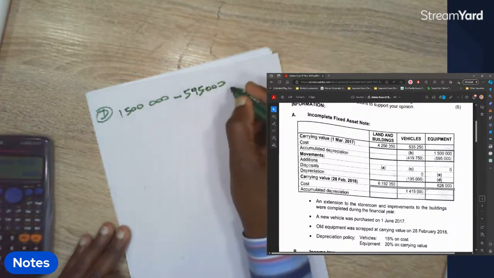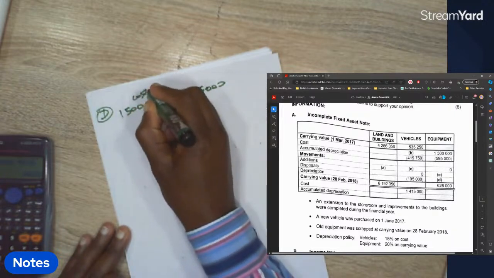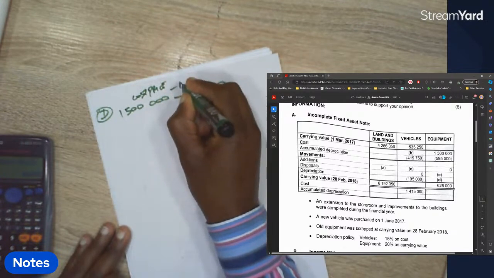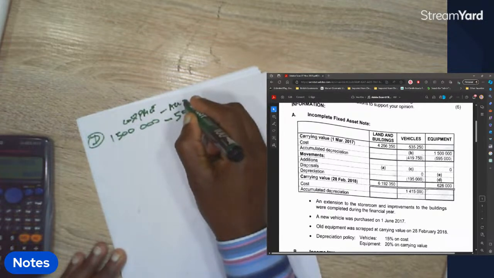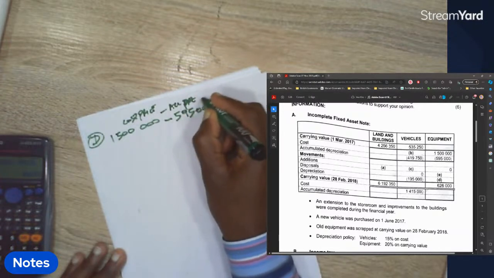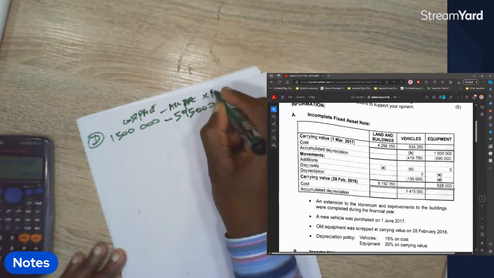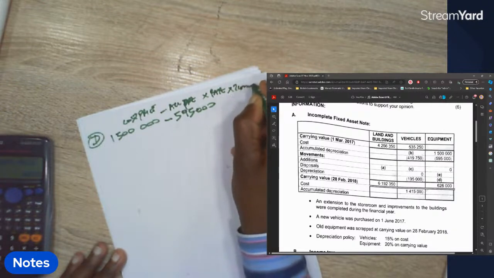Then you get your answer, right? Remember, cost price, right? Less accumulated depreciation of that particular asset. This is our accumulated depreciation, times by a rate, times by time, right?